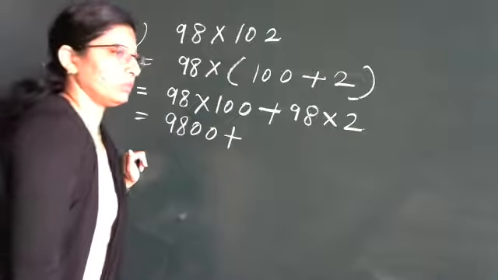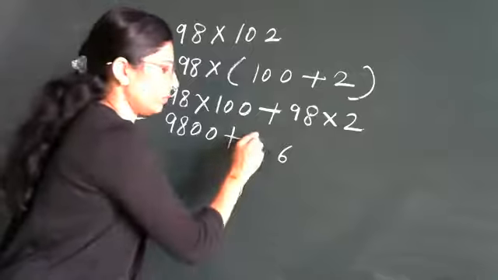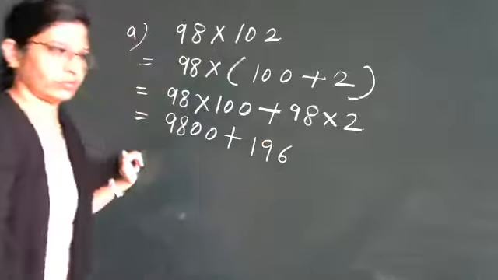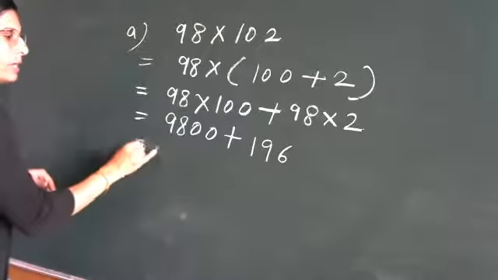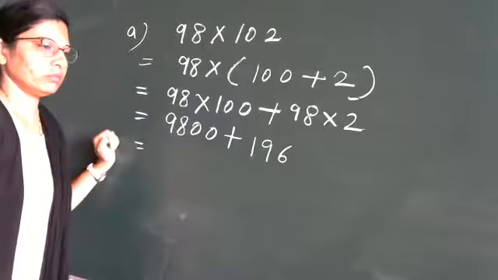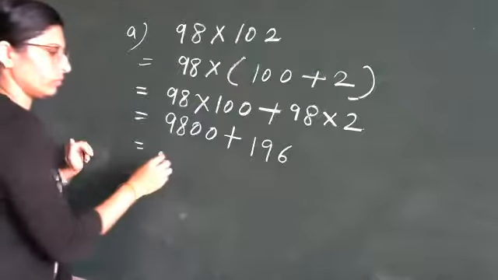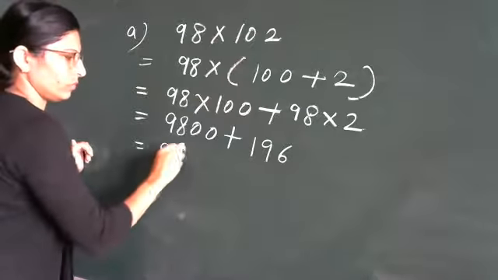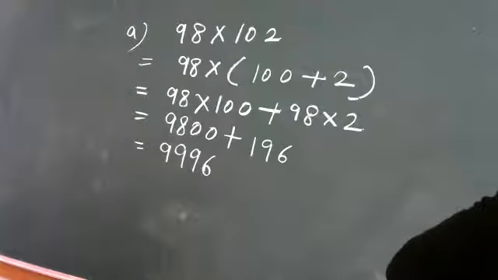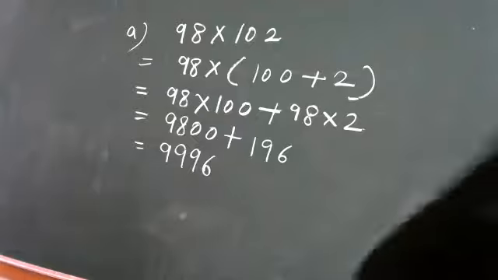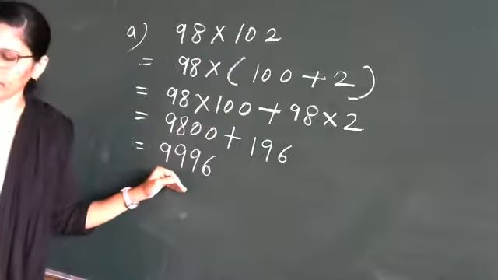98 into 2 is 196. Okay. Now add, last step addition. Now understood how to do using distributive property?